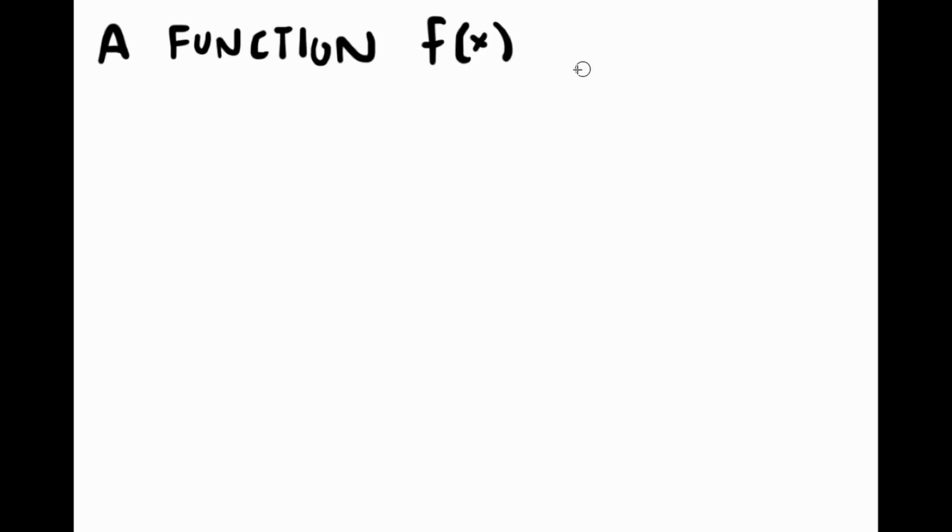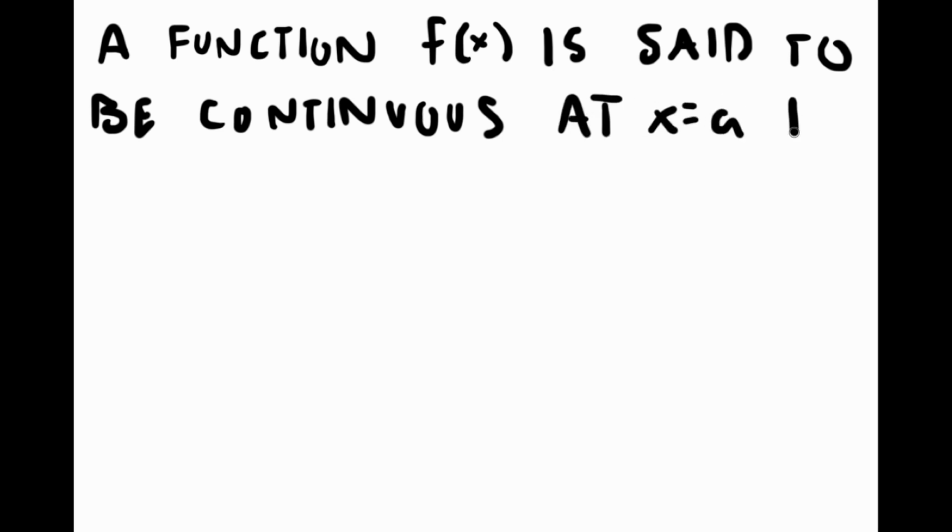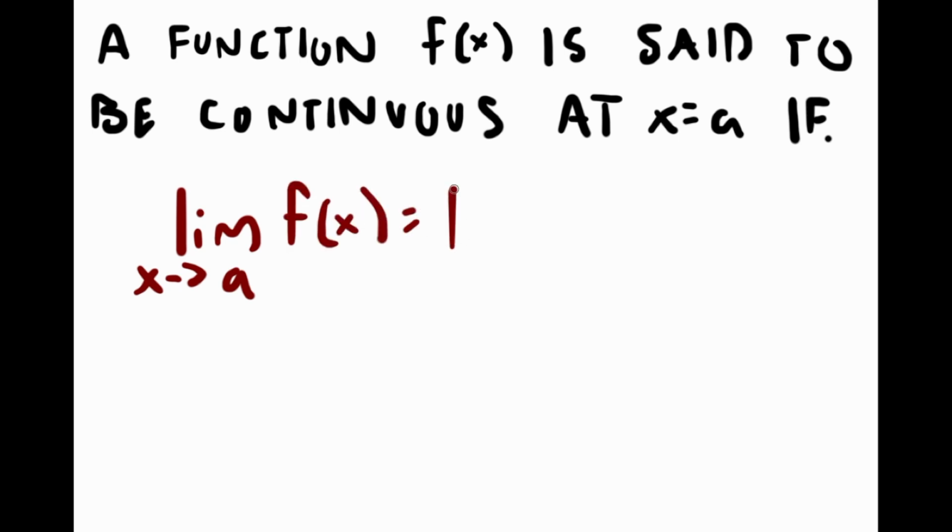So we'll write down our first definition. We'll say a function f of x is said to be continuous at x equals a if the limit as x approaches a of f of x is equal to f of a.